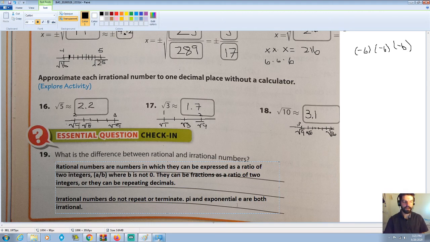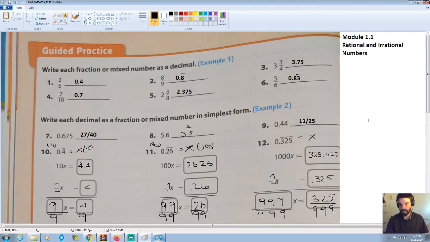You don't really have to know too many of their decimal places, but it is good to get familiar with their origin and their approximations, just to help you understand the idea of irrational numbers. But this does complete the guided practice for section 1.1 on rational and irrational numbers.